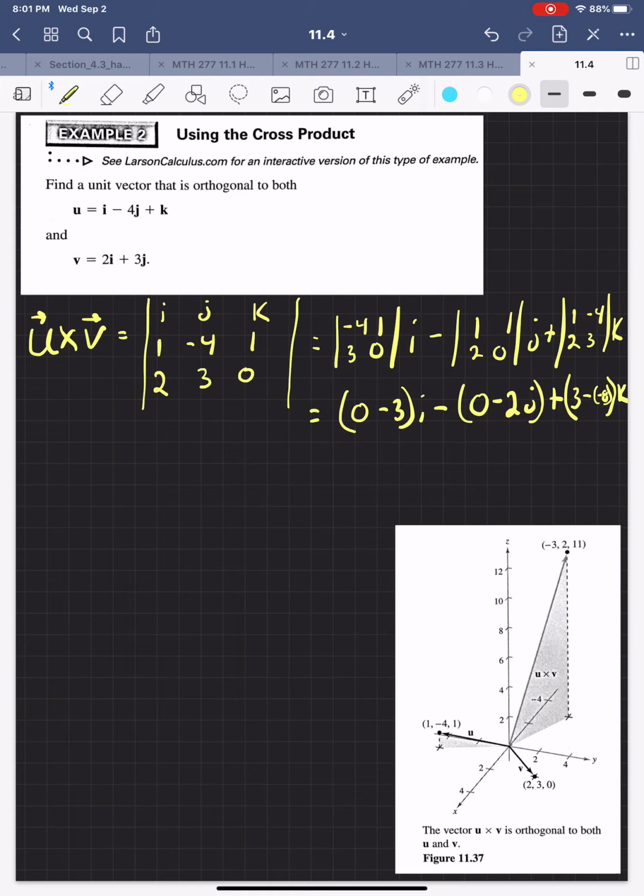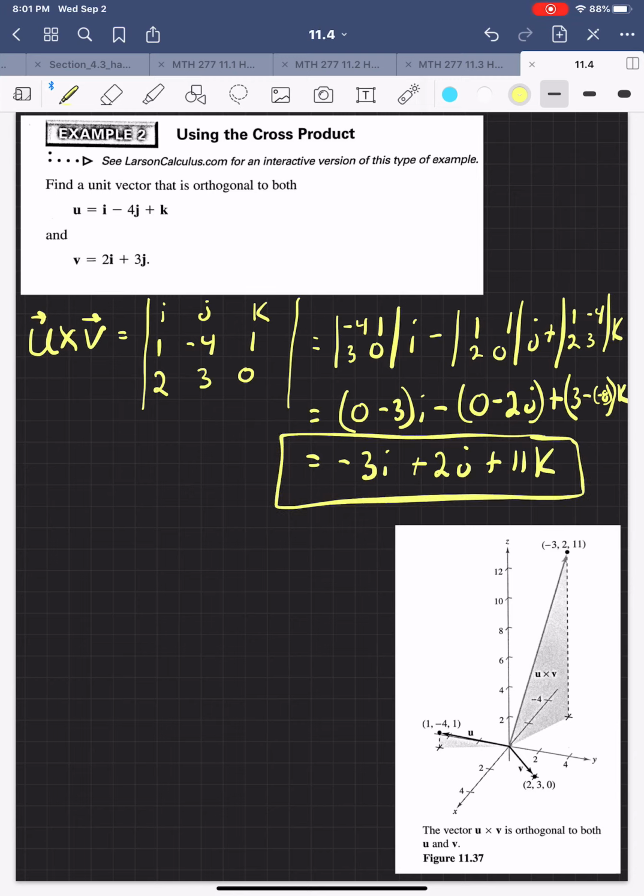Okay. So finally, here is our cross product: negative 3i plus 2j, and that ends up being 8 and 3, so plus 11k. All right.